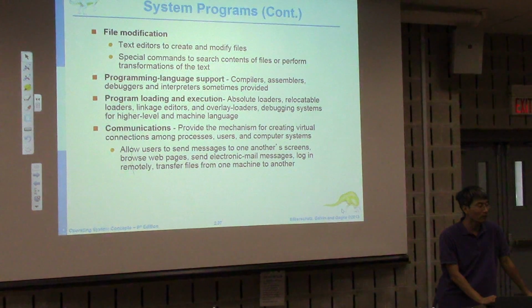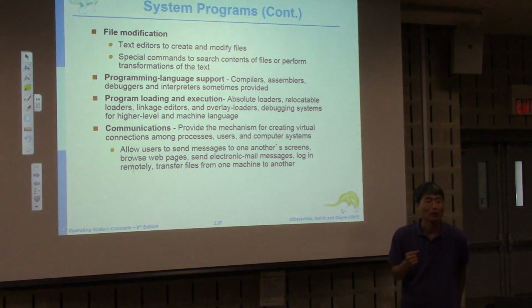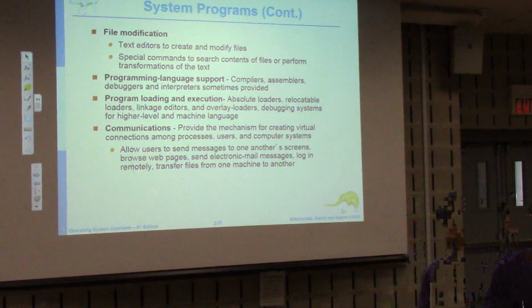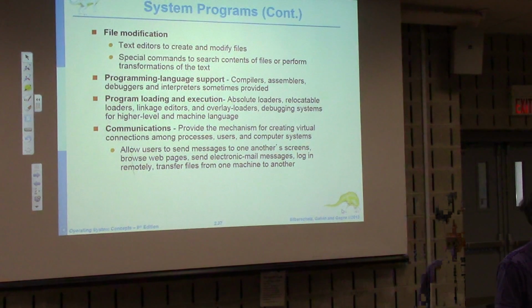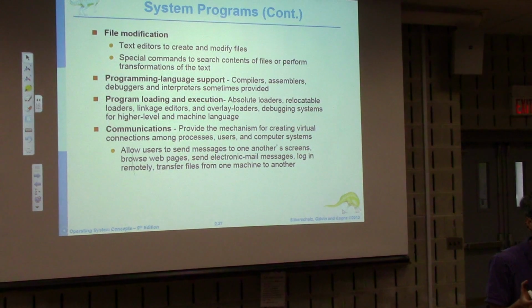And also system programming supports the programming level. So programming language support, like assembly language definitely. Assembly language is the only language that the computer machine can understand. However, directly coding in assembly language is not easy.